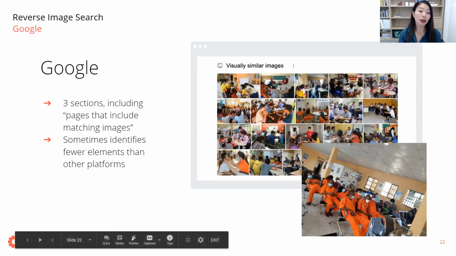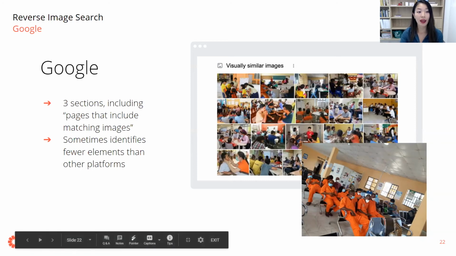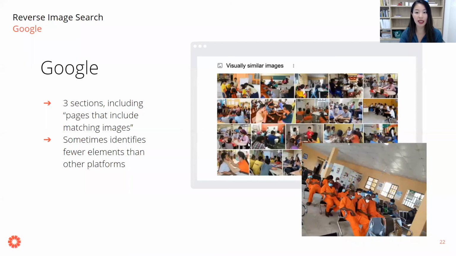So this is a photo of some health workers in Nigeria, and it's actually originally from a tweet that says, "I'm so glad the health workers are getting the vaccine." And we did a search of the image on Google. We found a bunch of relatively similar images, but they are not really that spot on.